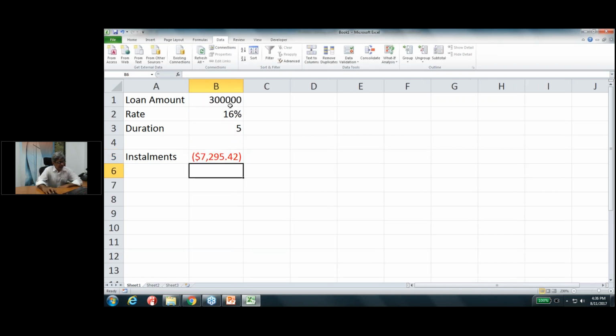So this will show that if we take a loan from the bank of rupees 300,000 at the rate of 16% per annum for 5 years, the monthly installment should be 7,295.42. So what if we need to generate scenarios for varying rates and varying durations, and what will be the loan amount?